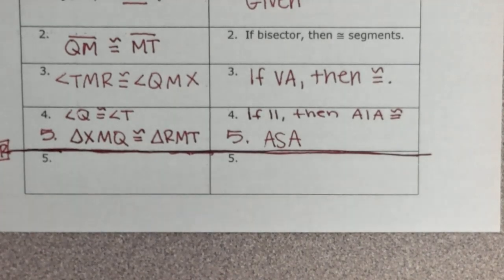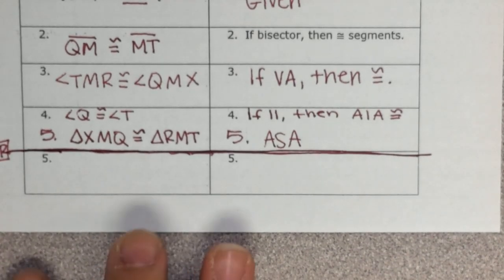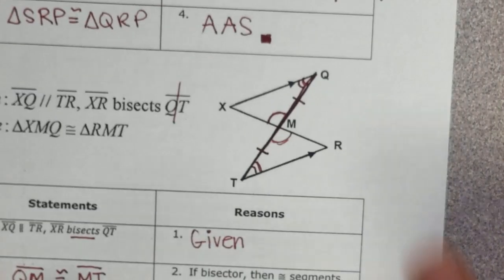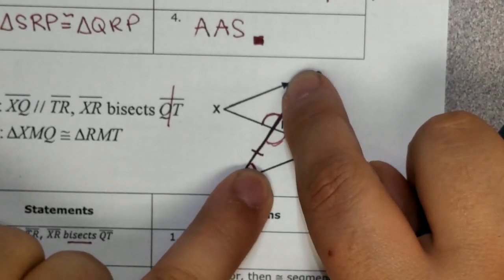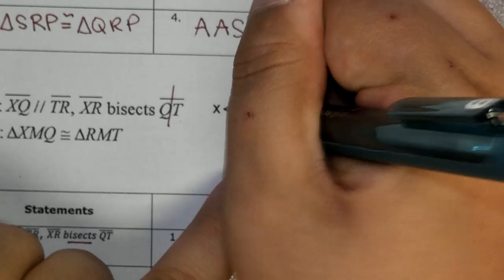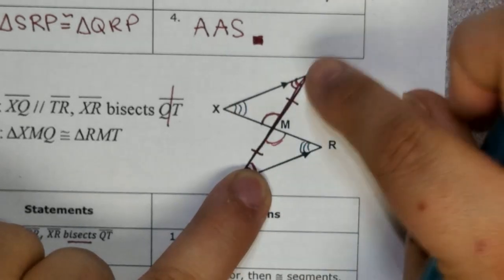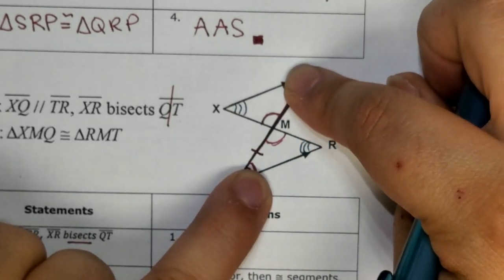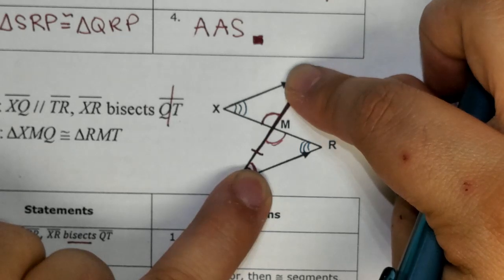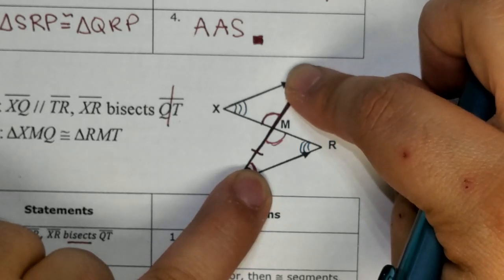However, what if Armando right here did not do angle Q is congruent to angle T? What if Armando said, y'all look up real quick, just pause what you're doing, look up. What if Armando ignored those 2 and he said, well, I actually think X is congruent to R. Is X congruent to R? Yeah, why?